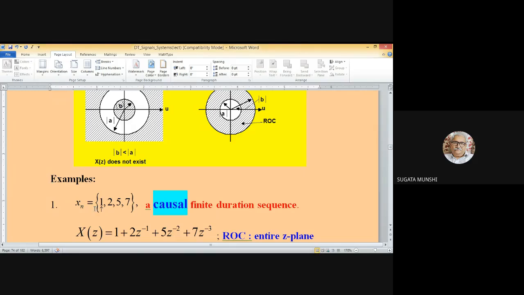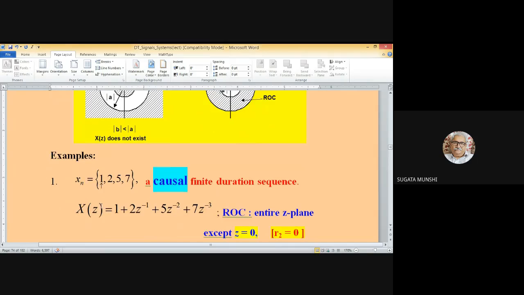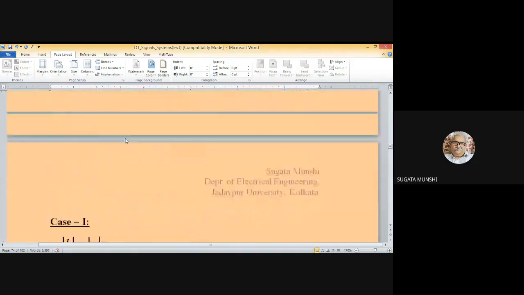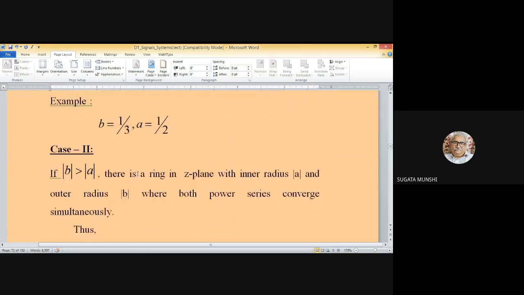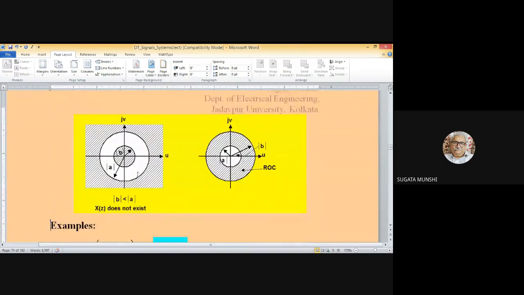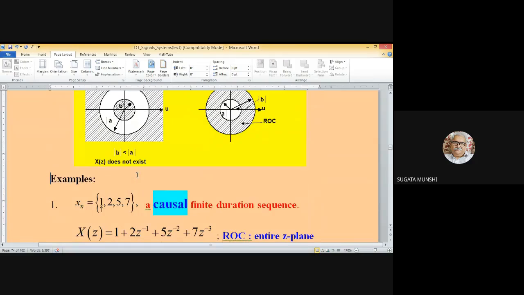There are several conventions of representing sequences. So that is one. Therefore, if you consider the basic expression for the Z transform, this was the expression: summation over n equal to 0 to infinity x_n z to the power minus n. That means it will be x0 z to the power minus 0 plus x1 z to the power minus 1 plus x2 z to the power minus 2 plus x3 z to the power minus 3 and so on.